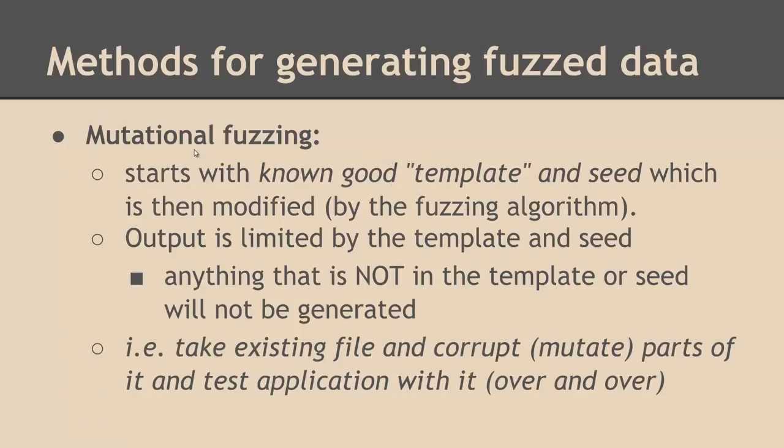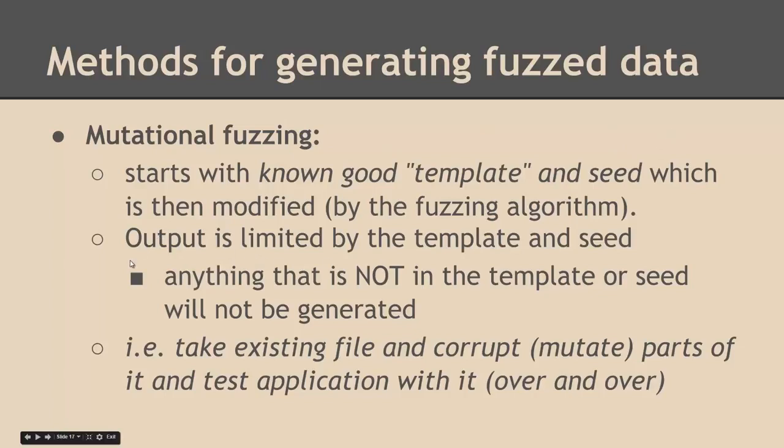So, mutational fuzzing is one of the top level strategies for fuzzing, and it basically involves taking a body of sample inputs that are hopefully well formed and pretty diverse, corrupting them in an algorithmic manner, and then iteratively testing the application with each new mutation.